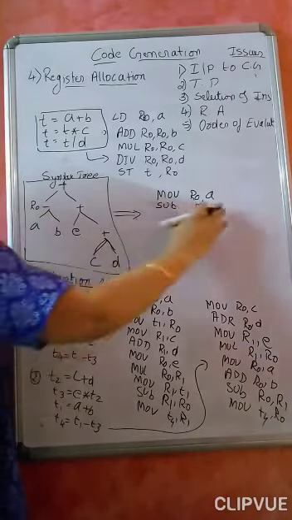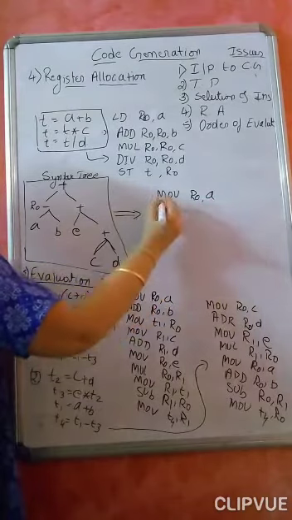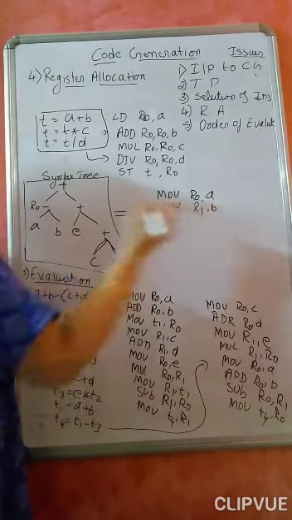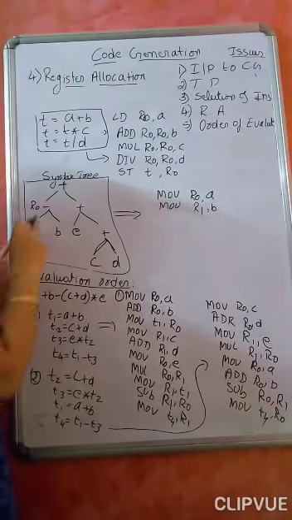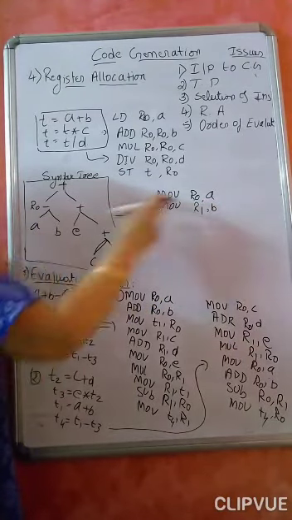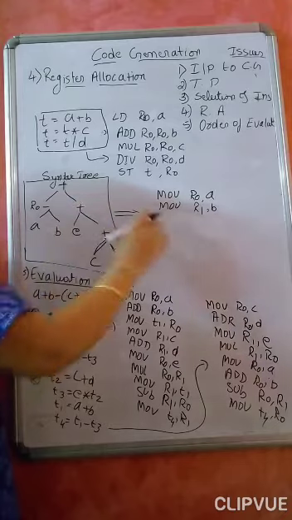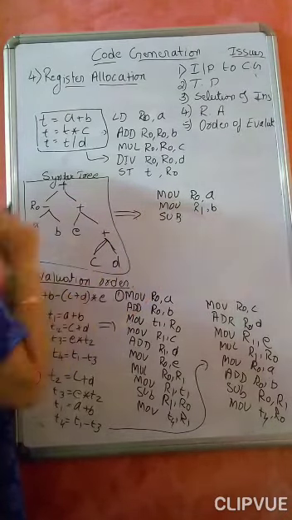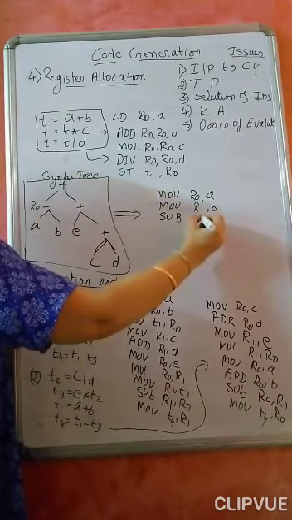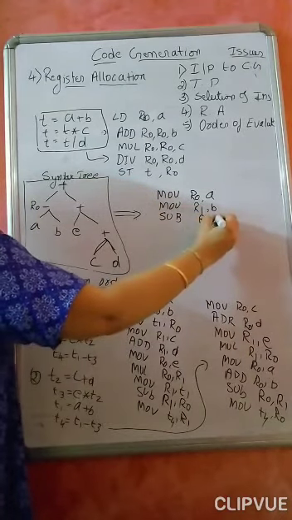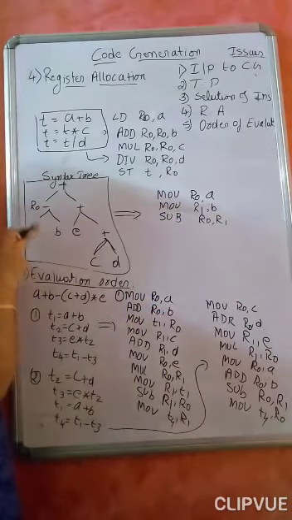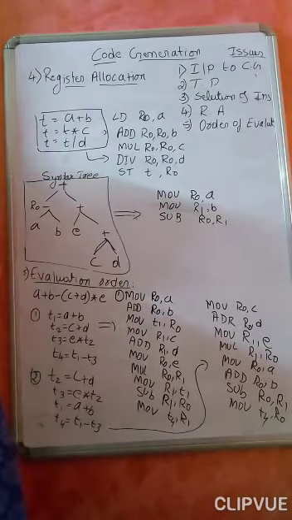Or you can do one more thing: move B into the register R1. Whatever was in B, I have stored in one more register R1. Now I will subtract R0 comma R1. Where is the result now? R0. R0 will have this A minus B.